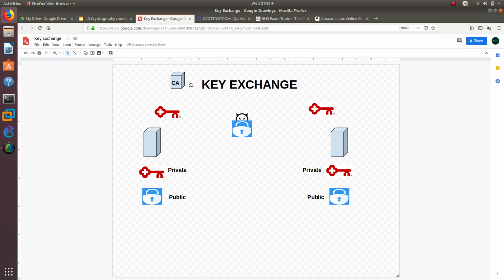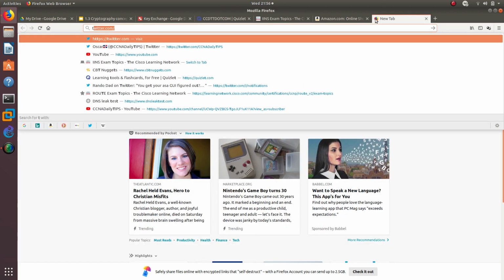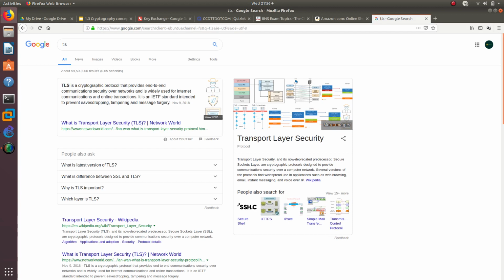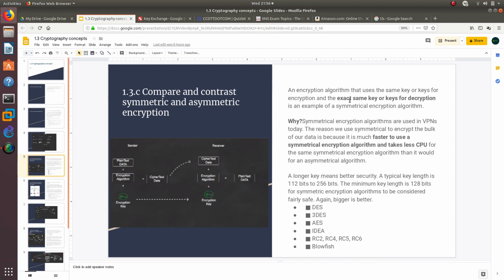Let's say Amazon uses TLS, which is Transport Layer Security, and Transport Layer Security uses symmetric encryption, and for that we need a shared key.